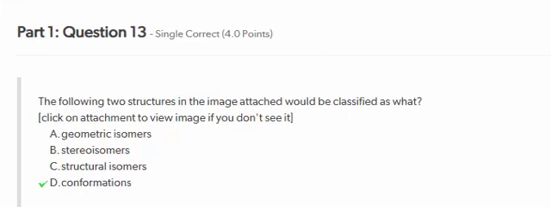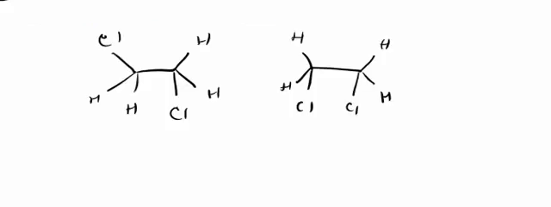Question 13. Following two structures, what would be classified as what? So the question, we're looking for geometric isomers, stereoisomers, or structural isomers, or conformations. So the structures look something like this. Now we have single bonds here. So immediately that means we can eliminate the geometric isomers.